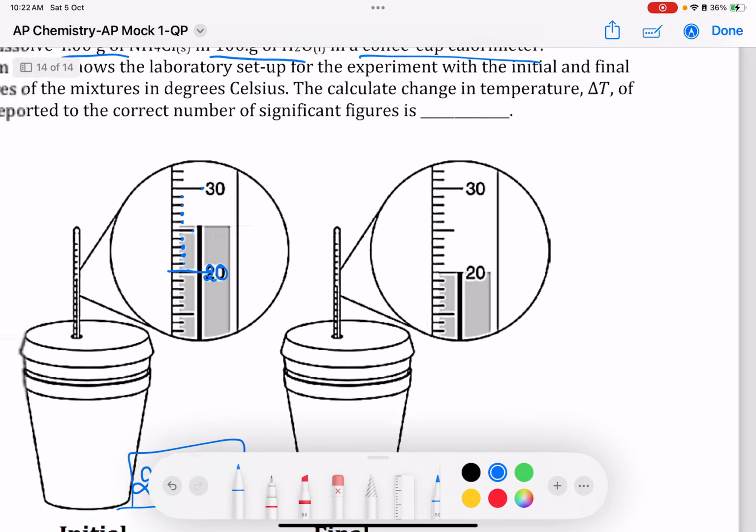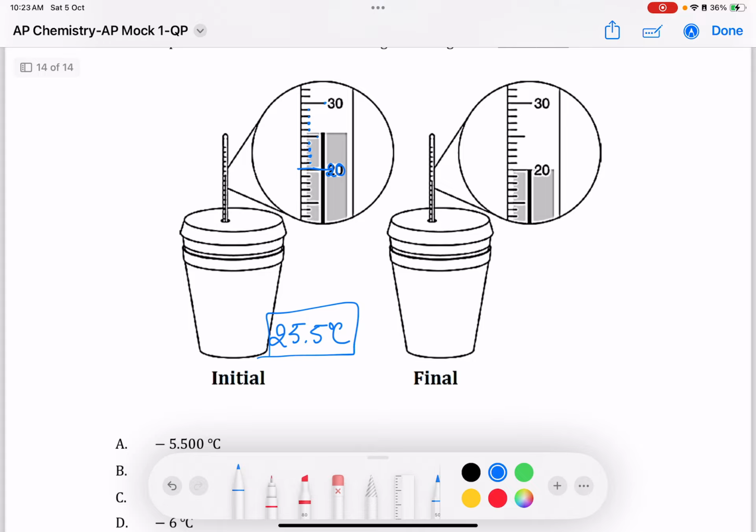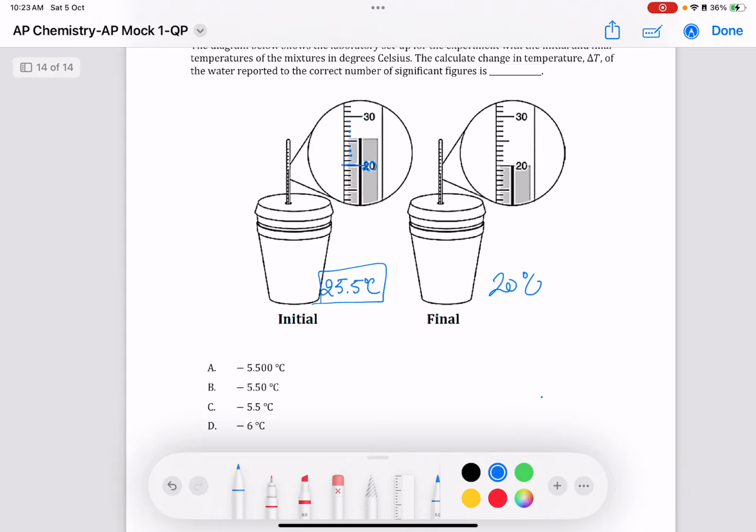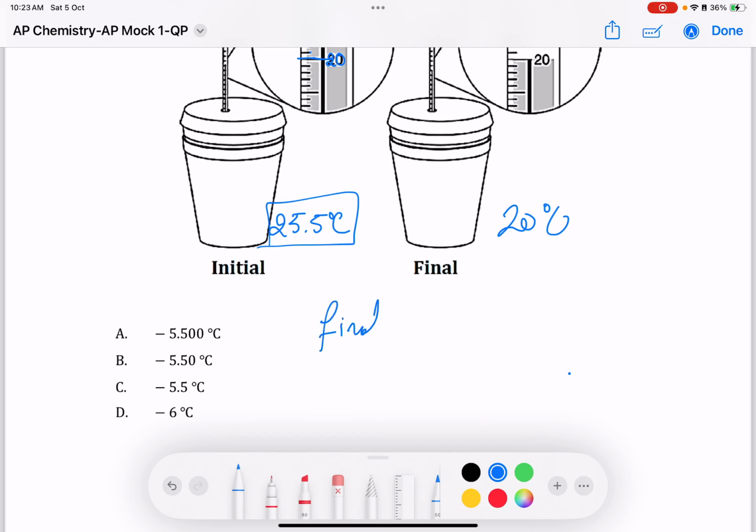And the final is 20. So they want the delta T, final temperature minus initial. So it is 20 minus 25.5. The final answer is negative 5.5.